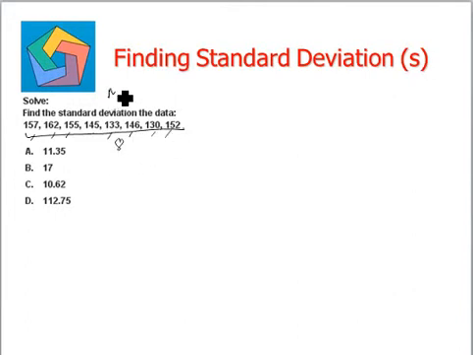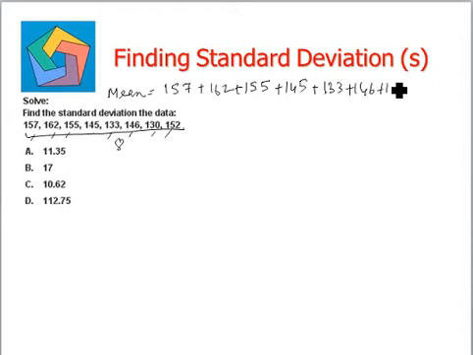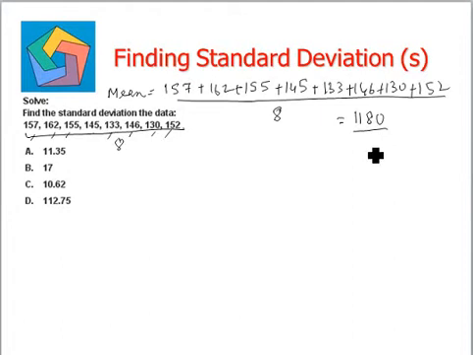For the mean, we add up all of them, so we can quickly sum them up: 157 plus 145, 130, and the last is 152, divided by 8. Now this total is 1180, divided by 8, which is equal to 147.5.